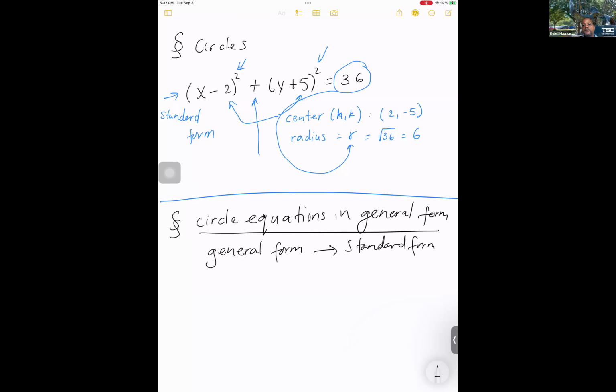And you have to do this through a process called completing the square. So to go from this piece over to the other side, you have to complete the square. Now, the nice thing is that completing the square is a fun process, right?